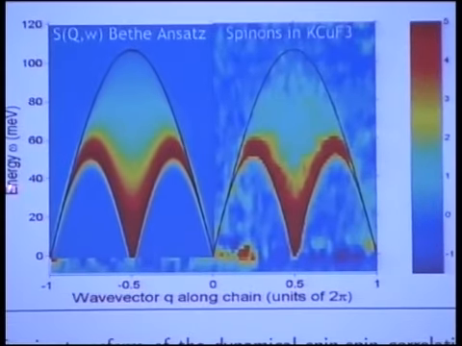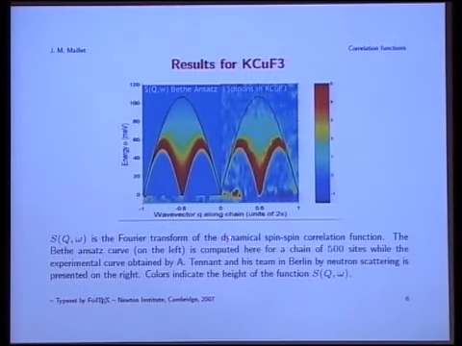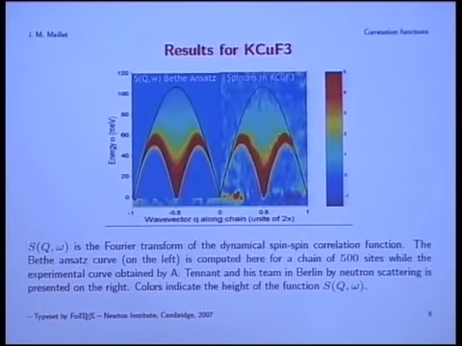On this picture we represented the structure factor, the Fourier transform with respect to time and distance, so it's a function of momentum and energy, S of Q and omega. It's the Fourier transform of the dynamical spin-spin correlation function. KCuF3 is essentially described by the XXX spin chain.